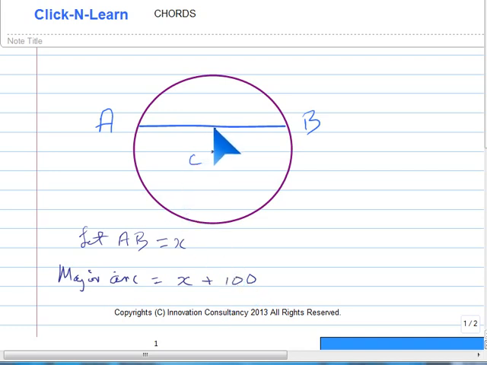Now the sum of the two arcs, one is x and one is x plus 100, would be the sum of the small arc, this part here, plus the larger arc, this part here, which is x plus 100.